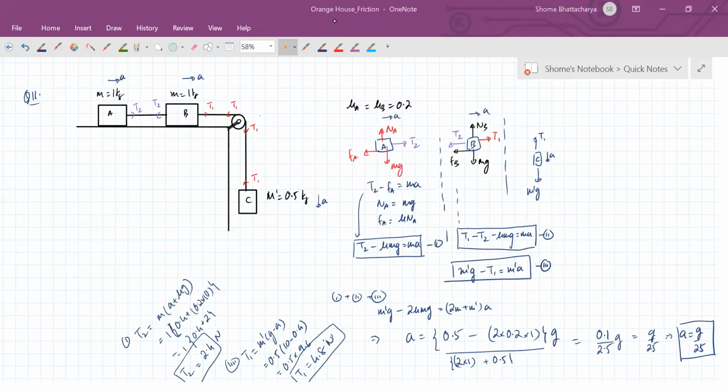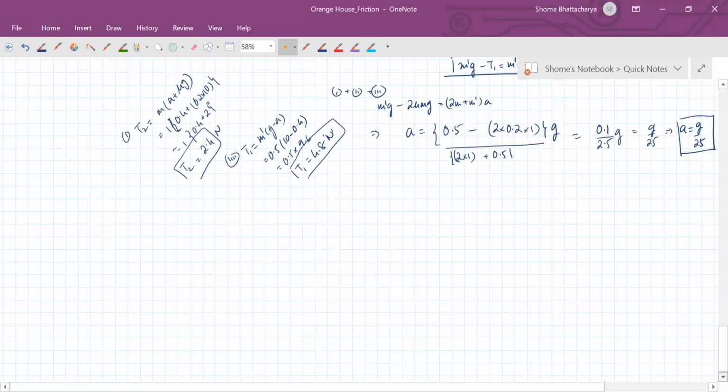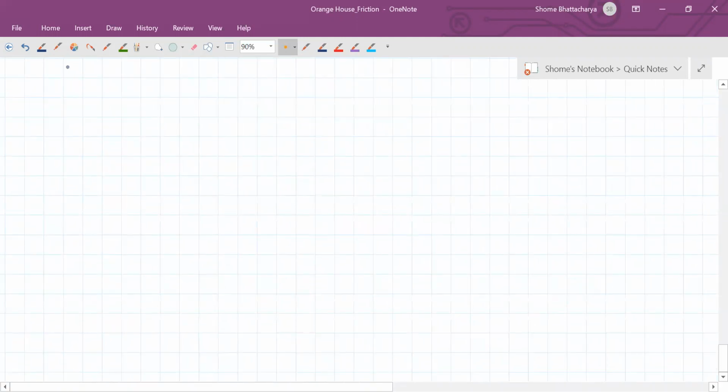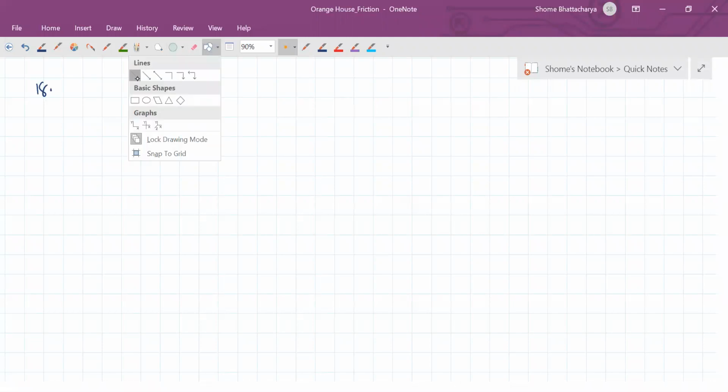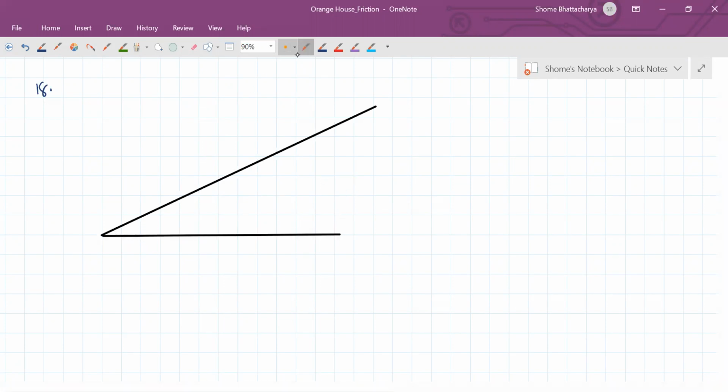So 18 is very similar to the question we did today, but only instead of the blocks being connected by a thread, they are placed against each other. And also the angle of inclination in question 18 is 30 degrees.